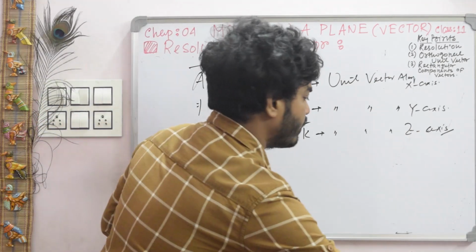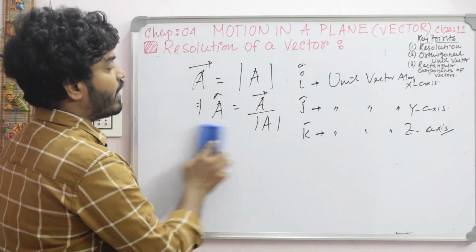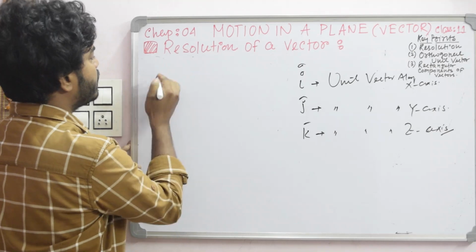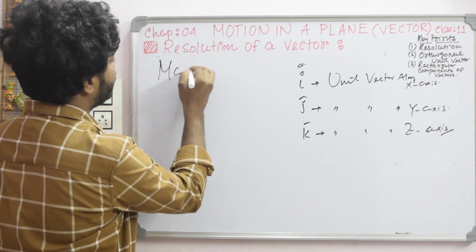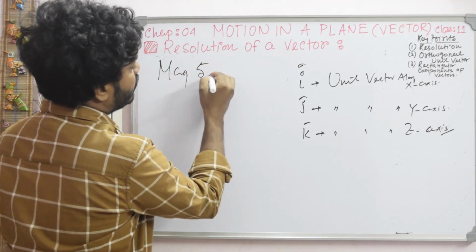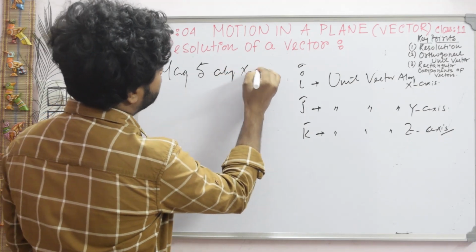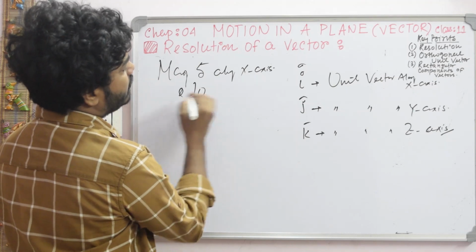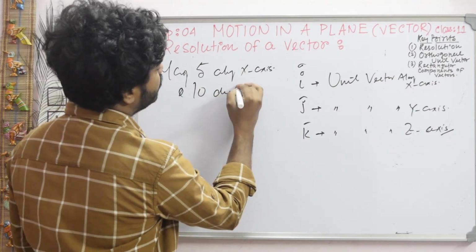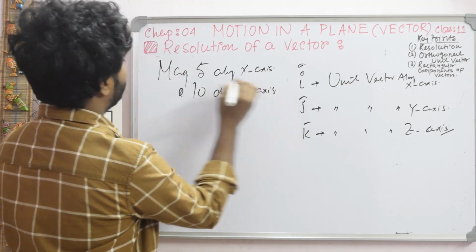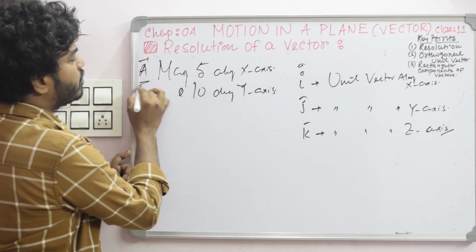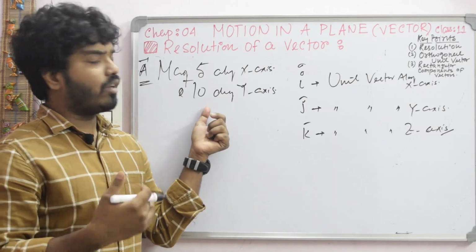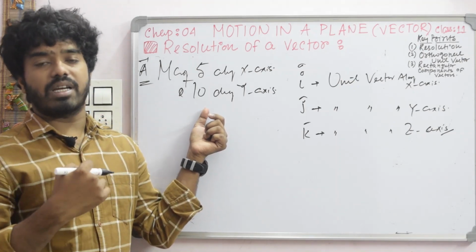Suppose one question is given: you have to represent a vector A which has magnitude 5 along the x-axis and magnitude 10 along the y-axis.